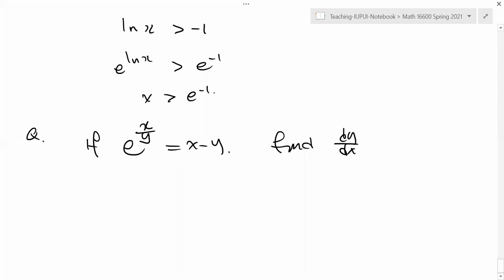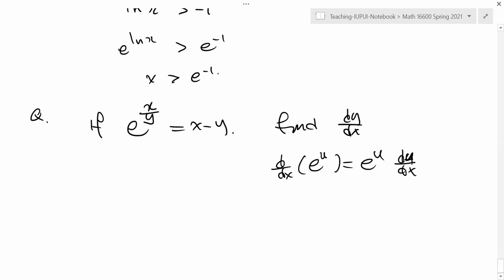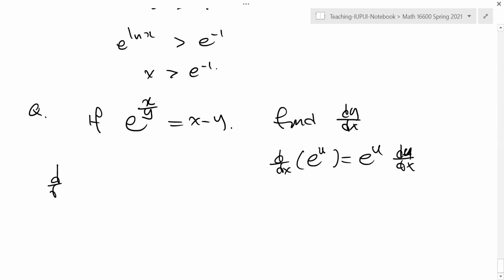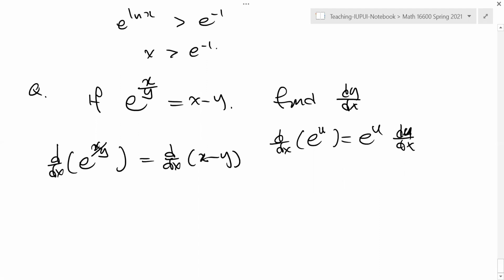Just like the chain rule, the derivative of e to the u should be e to the u times du/dx, if u depends on x. So what I'm going to do is differentiate both sides. This side is e to the x over y, and we need the derivative of x over y.